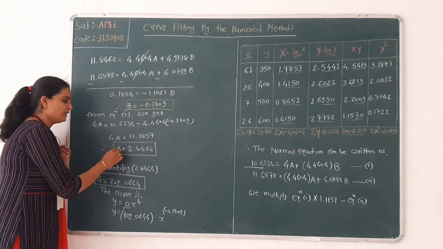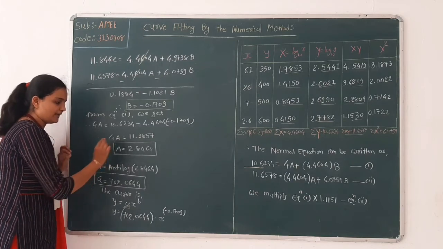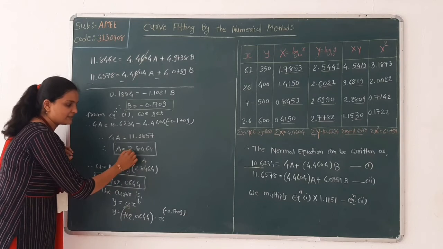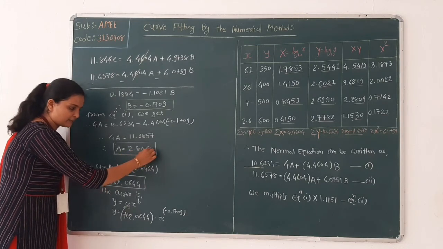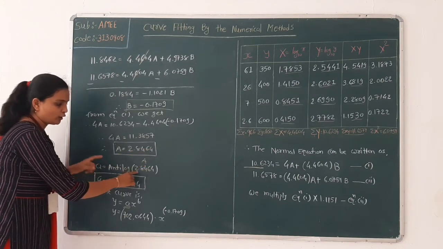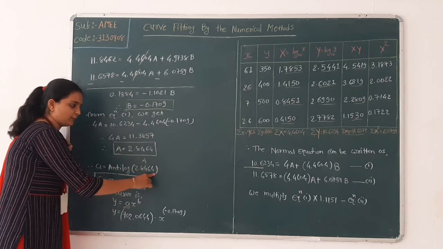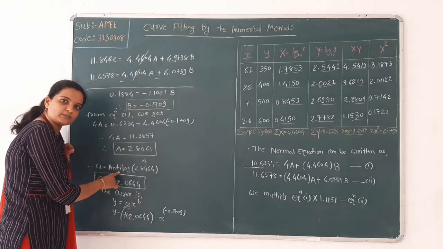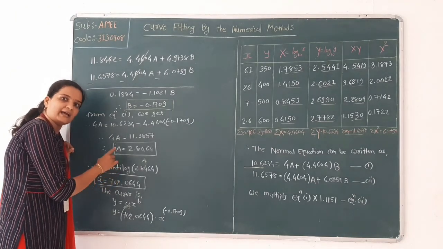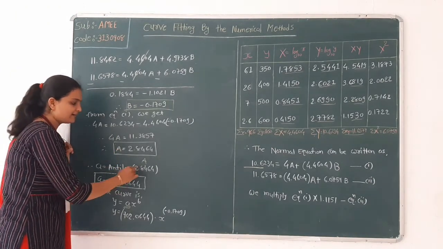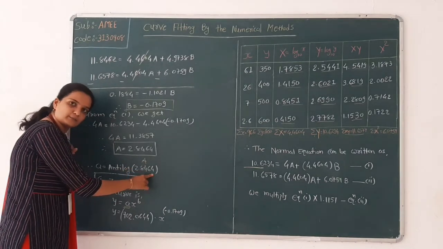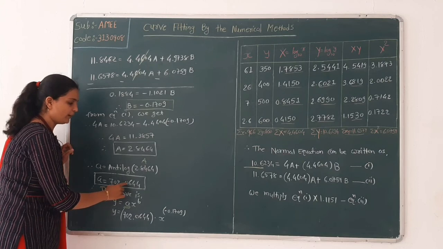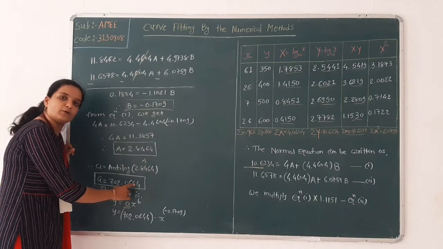So we have the value of small a is the anti-log of capital A. So capital A is 2.8464. So we find the anti-log of 2.8464. For finding the anti-log in the calculator, we use the shift key and log bracket 2.8464. It gives the value of A as 702.0644.